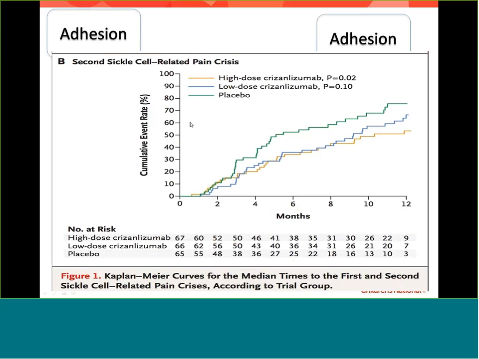The placebo group is green, this is cumulative rate, and both the low dose and the high dose crizanlizumab decreased the evolution of, or increased the time to, first and second related pain crisis according to the trial group. So this is also very exciting.